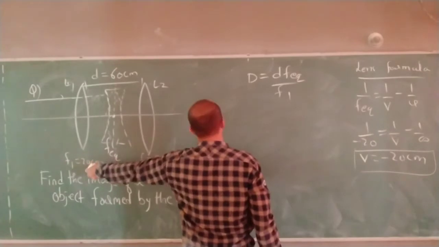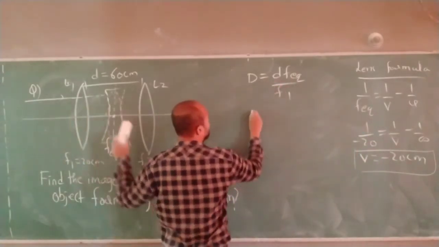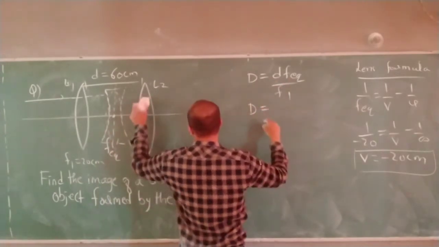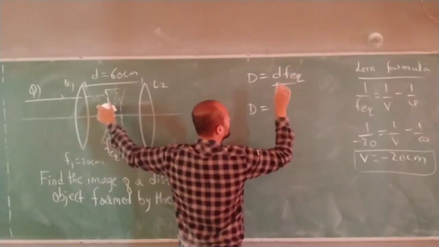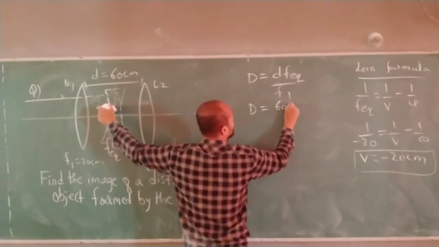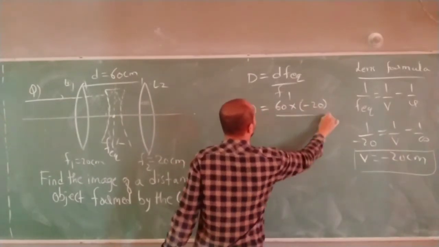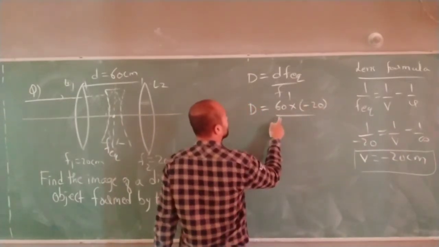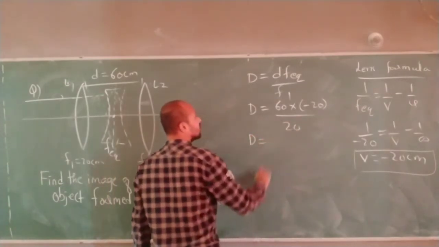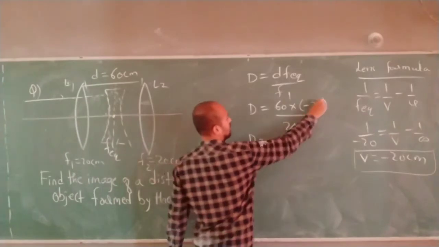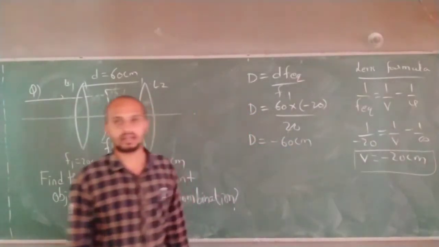In this case, F1 is 20 centimeter, F equivalent is minus 20 centimeter, small d is 60 centimeter. So the distance from the second lens is 60 into minus 20 divided by 20. So D is equal to minus 60 centimeter. Are you understanding?